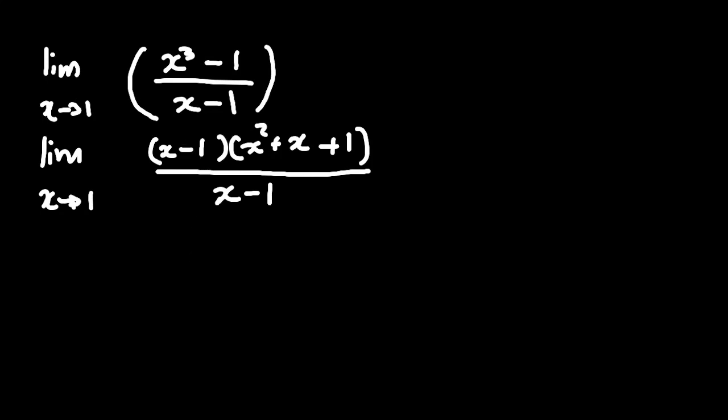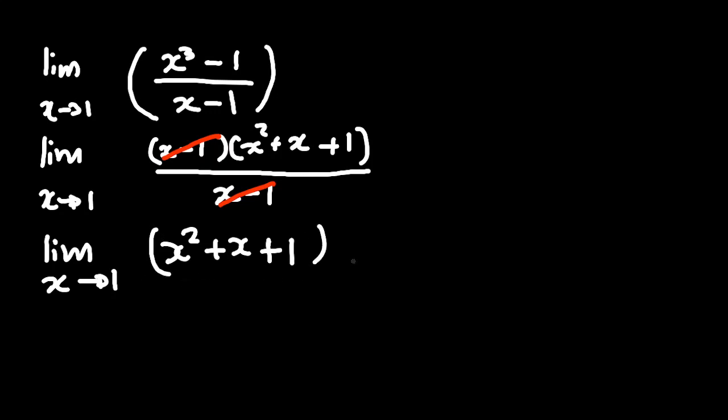If you see clearly now, this will cancel out with this one, and I will have a limit as x approaches 1 of x squared plus x plus 1.